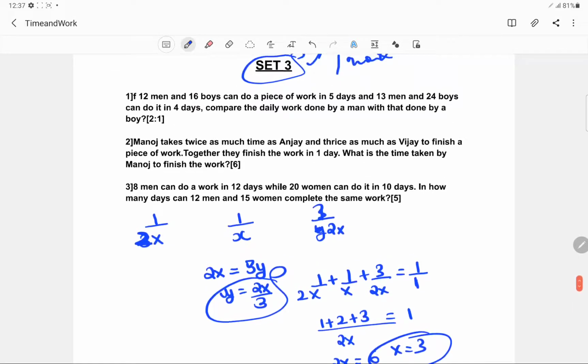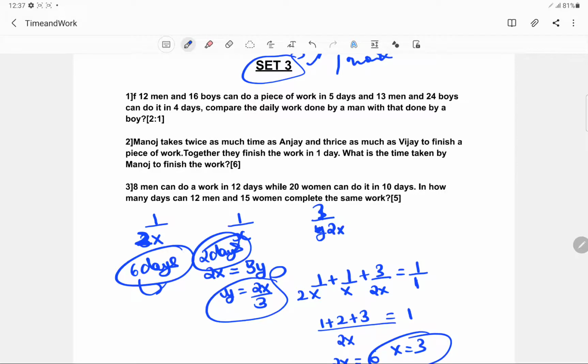So you get Anjay's work. So what is the time taken by Manoj? Obviously 6 days. What would be the amount of time taken by Vijay? Of course, since it is thrice of that, so this would be 2 days.